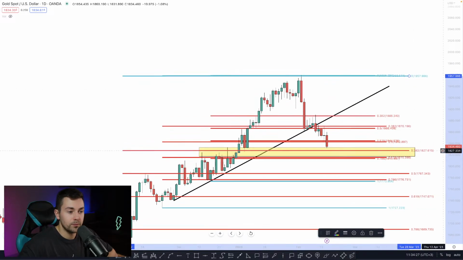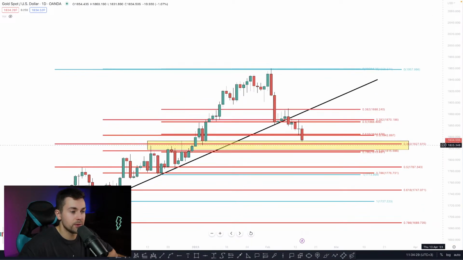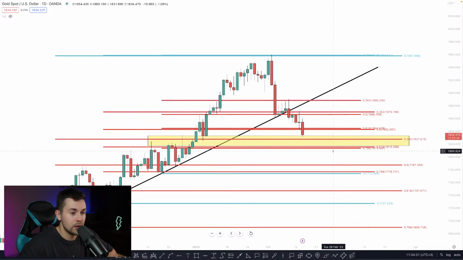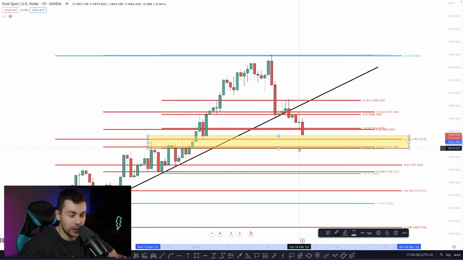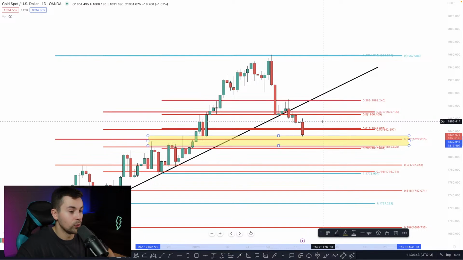Take a look. Very interesting thing here: we see the fib confluence being a bit lower, so potentially our demand zone should be a little bit extended. That will be the exact demand zone that we will monitor.